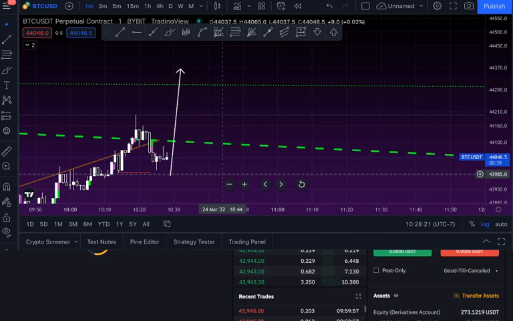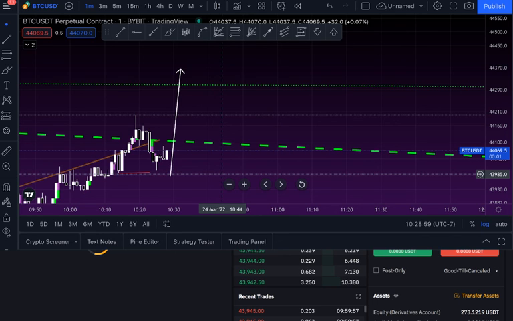Bybit. We're on the upper end of the value area on this little move up. This last little 41-minute candles.